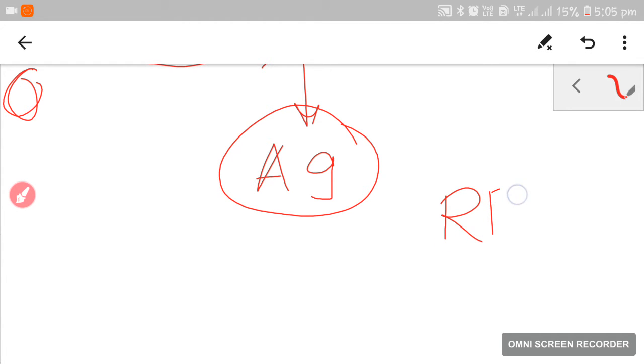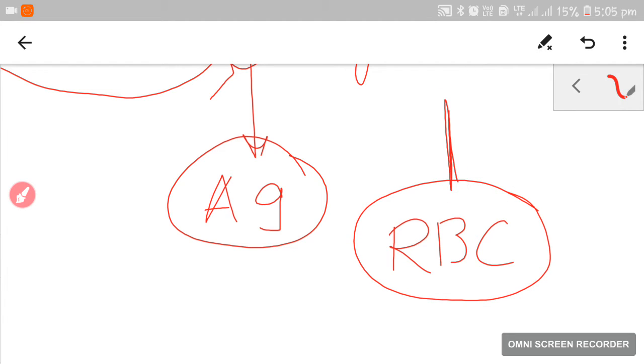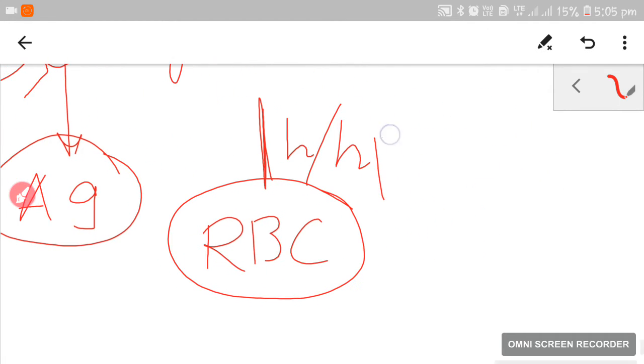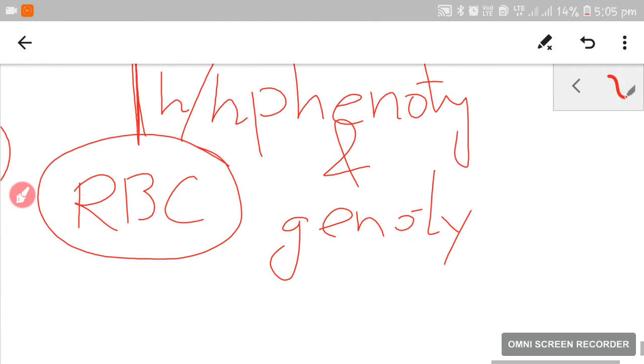So their RBCs will have no antigen in fact, but we say it to be hh phenotypically and genotypically, because there is no dominance of capital H, so small h will be represented.